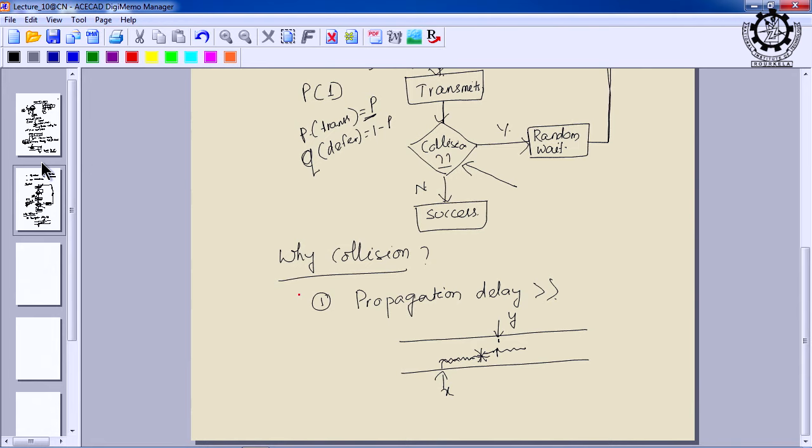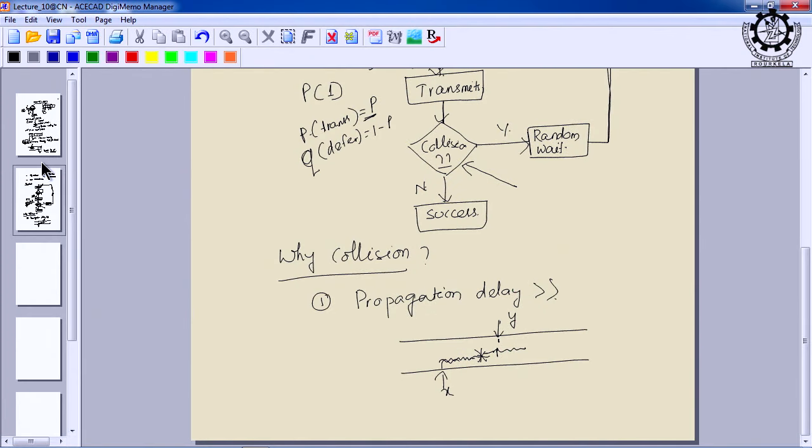So, one possible case is when the propagation delay is high for transmission. At that time, though both of them have checked for the idleness of the channel, still a collision occurs. Let us say the propagation delay is 0, meaning very little. Still there will be a possible case when there could be a collision. Let us say X is transmitting, and Y and Z both are getting ready, and when they get ready they sense the channel and find that the carrier is busy.